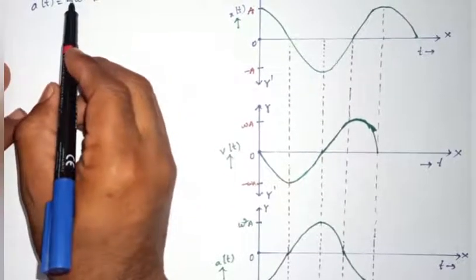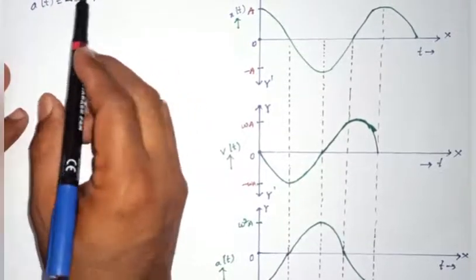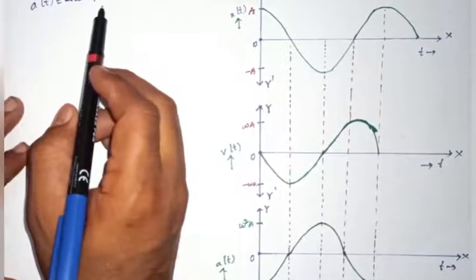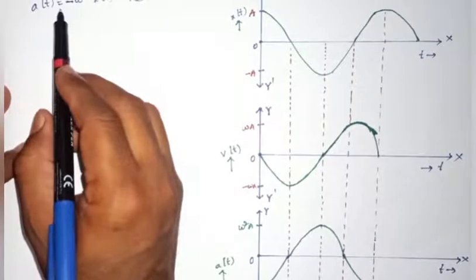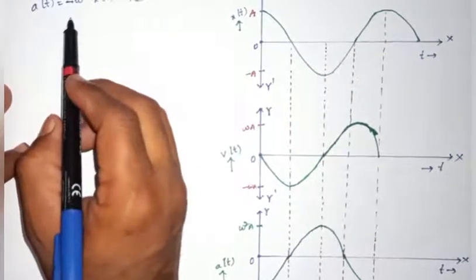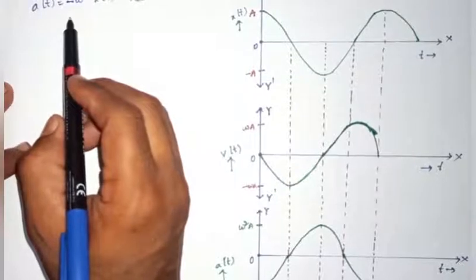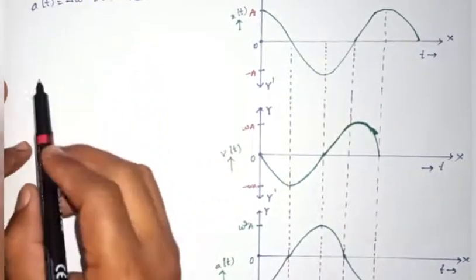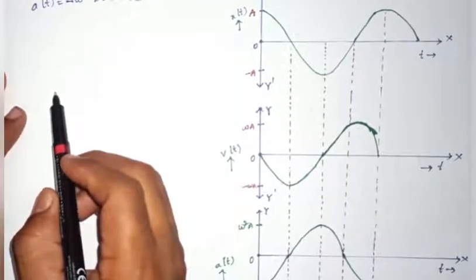The negative sign indicates the acceleration is opposite to the x direction. The direction is towards the center of the circular motion. This type of acceleration is called centripetal acceleration.